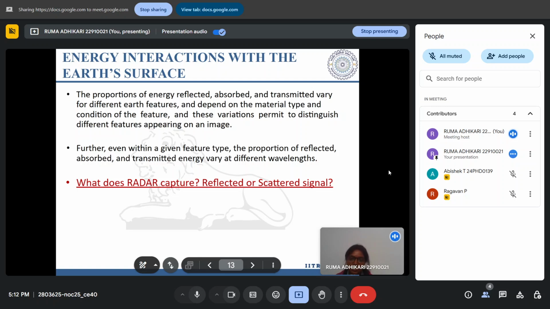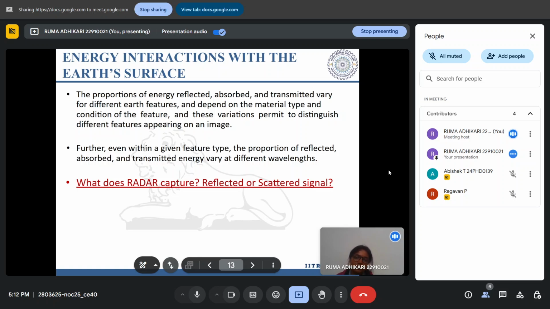Does it sense the emitted energy? No. Does it sense the reflected or scattered energy? No. Reflected energy is not the correct answer, because reflection normally happens in only one direction. But if that direction is towards the sensor, then it is okay.